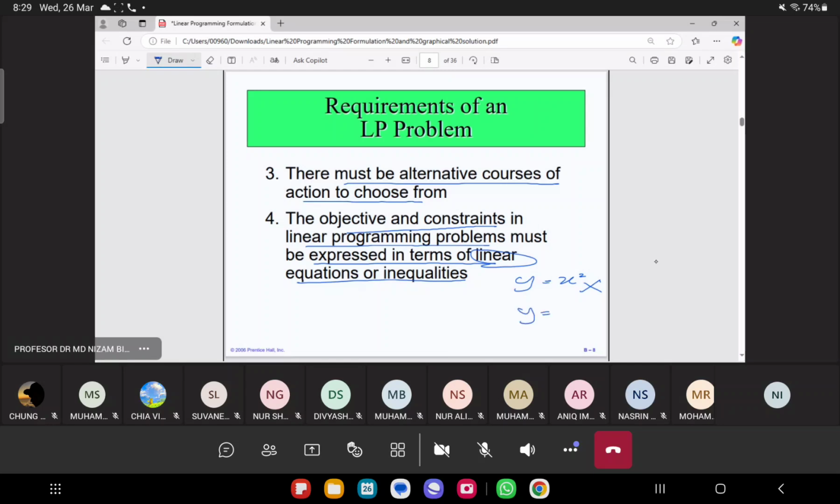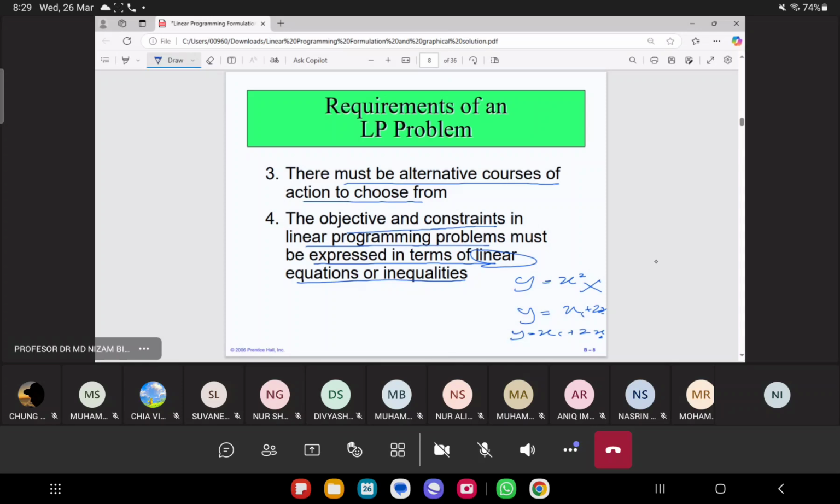But if y equals, for example, x1 plus 2x2, then this is considered linear form. So you should be able to express the objective function and also the constraints in mathematical form. It must be linear equations or inequalities.